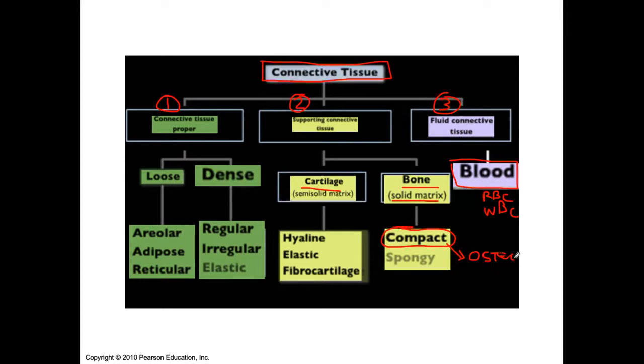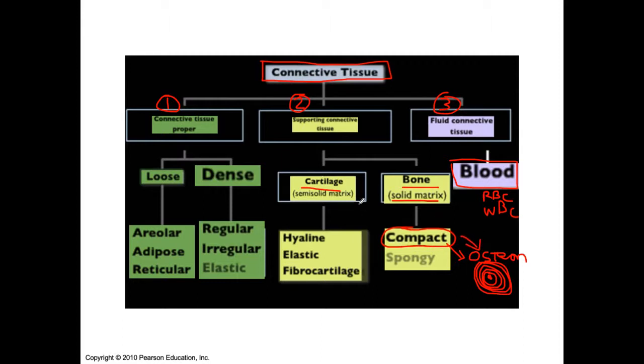The osteon under a microscope is going to look like something like this that has many concentric rings going around it, almost like a tree was chopped down and we're looking at a bird's eye view.